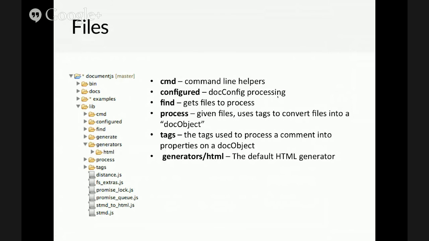And it's really extendable. I didn't go into how you can create your own tags, but that's pretty easy. How you can create your own generators, and even how extendable the default HTML generator is. There's a lot of work to be done, I think, in terms of its own documentation and in terms of making it simple and easy to use. But I'd love to hear what you guys have to say and think about where this project can go from this point forward.